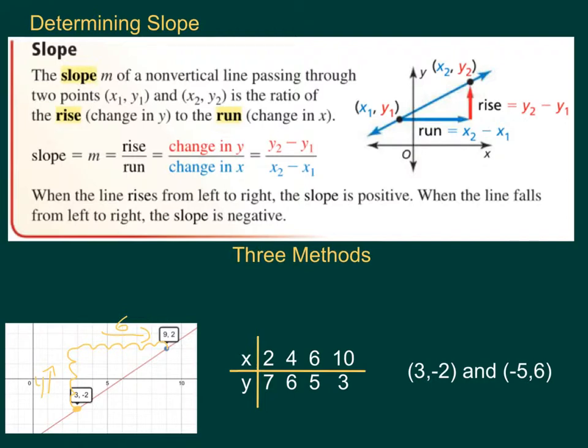Now slope is rise over run. Rise over run is looking at a change in the y direction over a change in the x direction. Think about the rise is going up, and y we know is a vertical description. So on the y, to get from one point to the next, I've gone up by 4. That's a positive increase of 4.